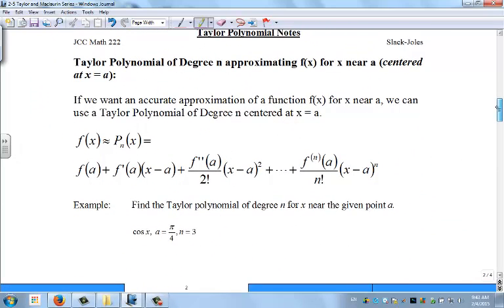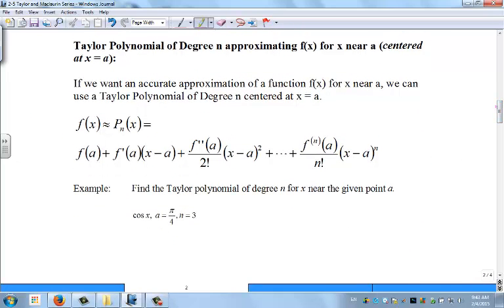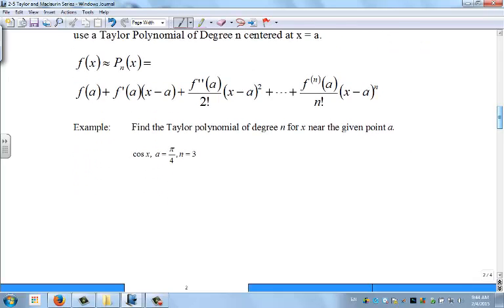The next one, we're going to do a Taylor polynomial about x equals a for the cosine of x. So first thing we're going to do here is go ahead and get the derivatives of cosine of x. It's always the first step. We want a third degree polynomial, so we need 3 derivatives.